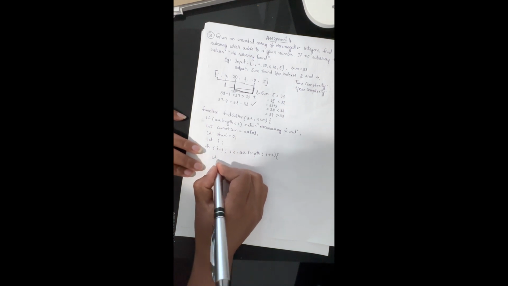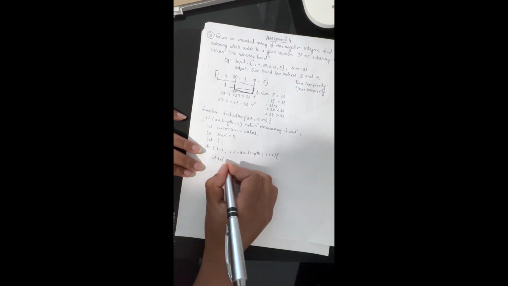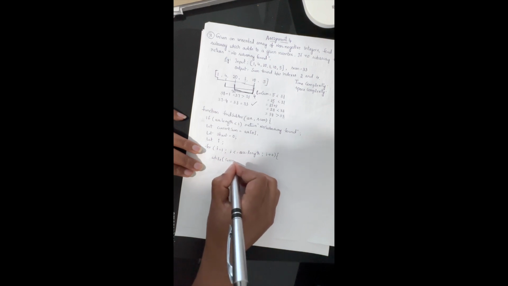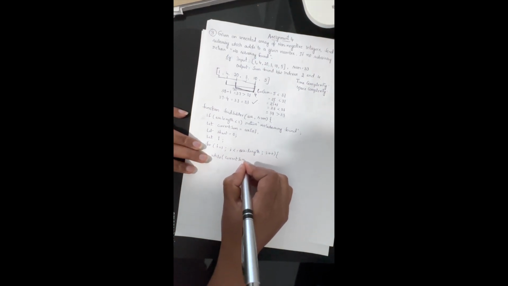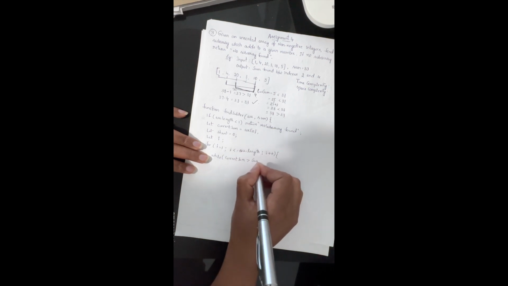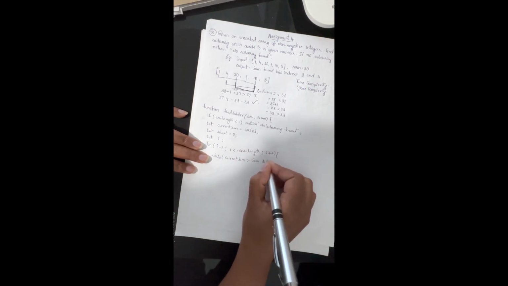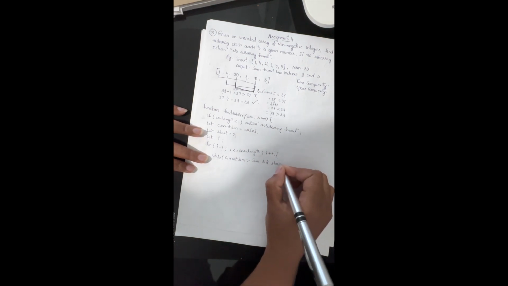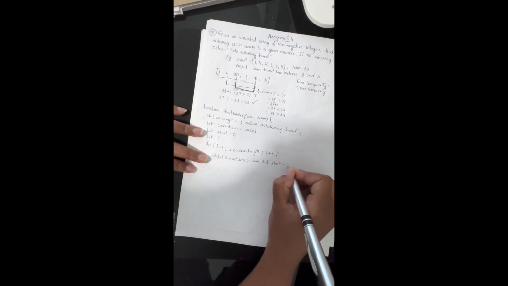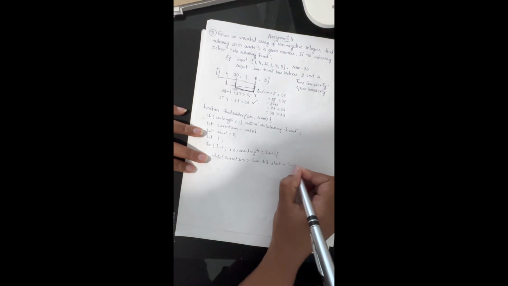I'm going to use a while loop here to check if current sum is greater than the given sum, and the starting index should be less than i minus 1.